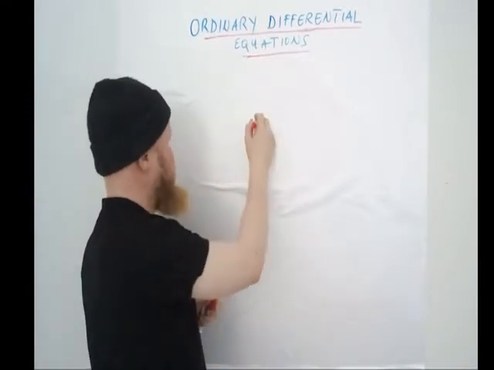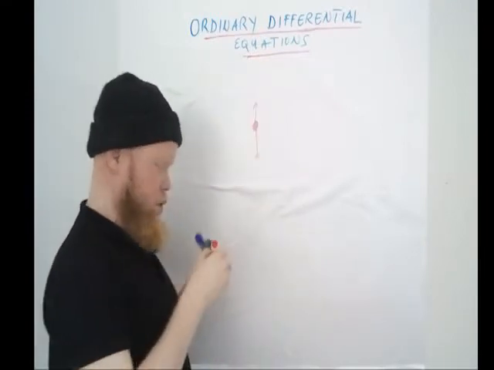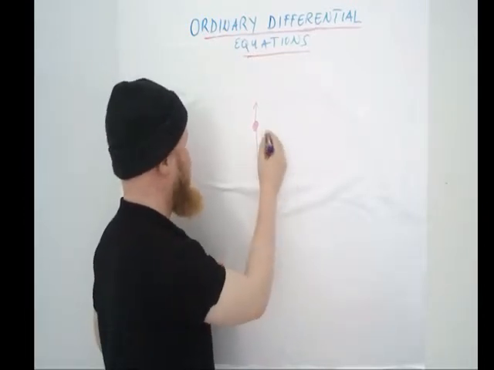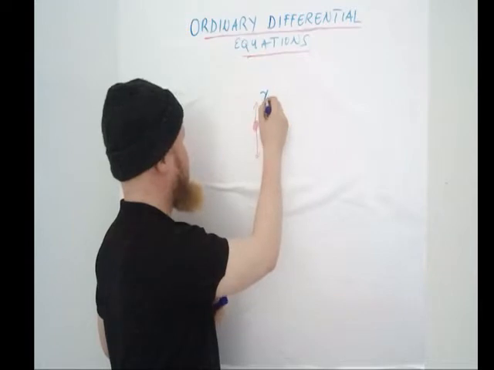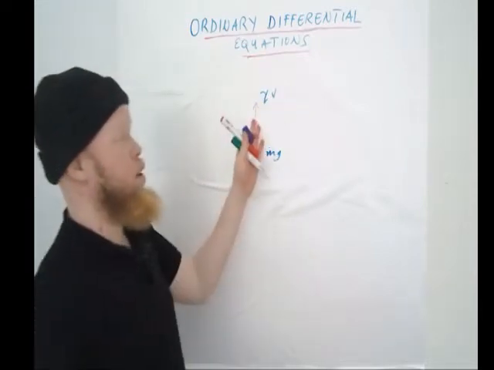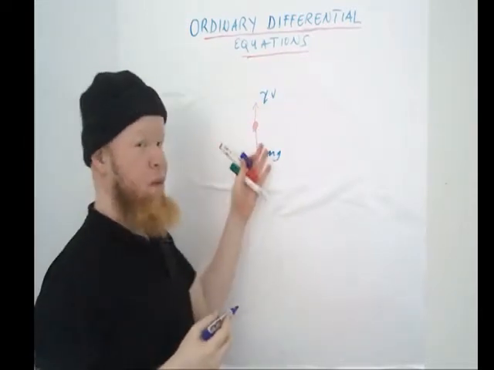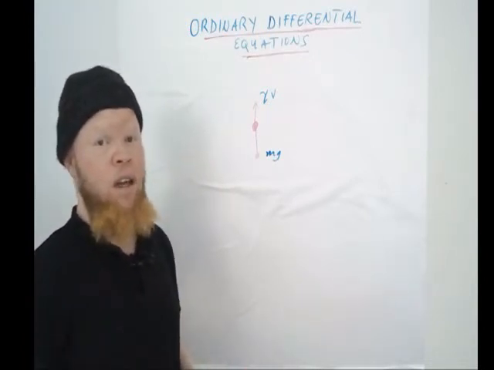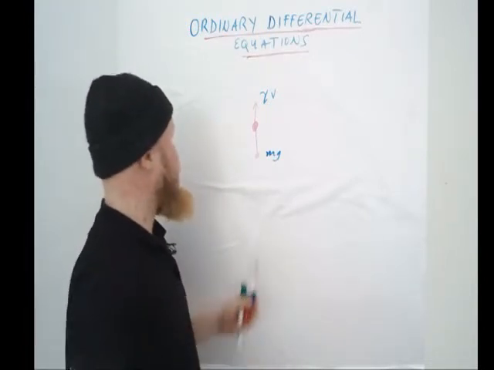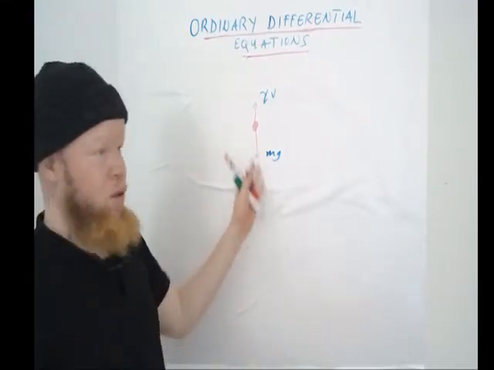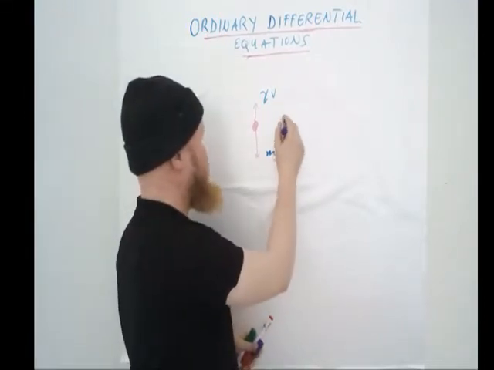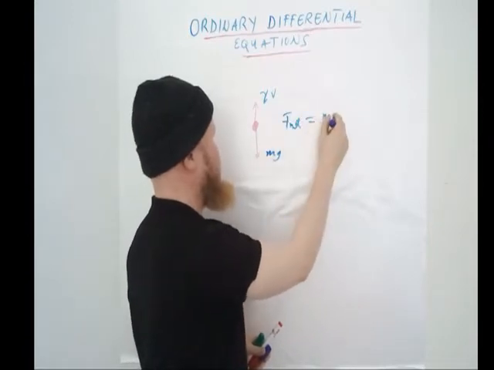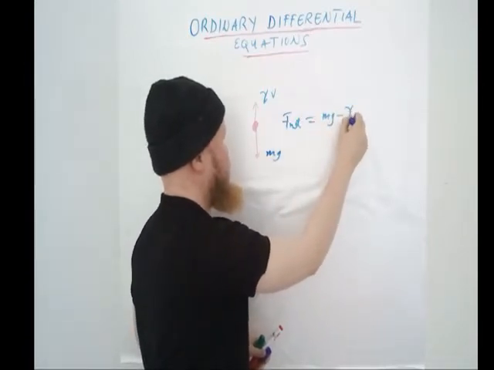One is the gravity force, which is given by mg, and the other one is the drag force or resistance force, which is given by gamma v, where gamma is the coefficient of drag, which is different for different materials. To find the net force for this situation, the net force will be the sum of these forces, so it will be mg minus gamma v.